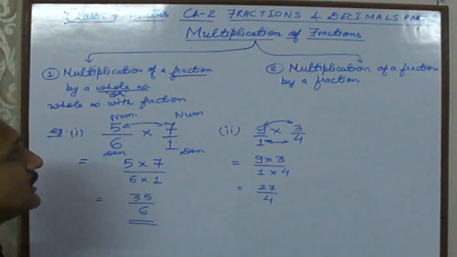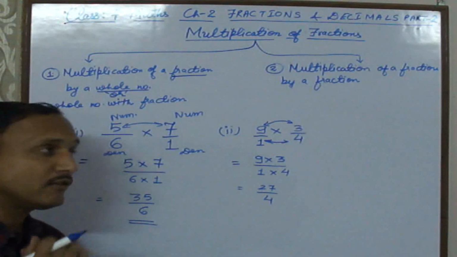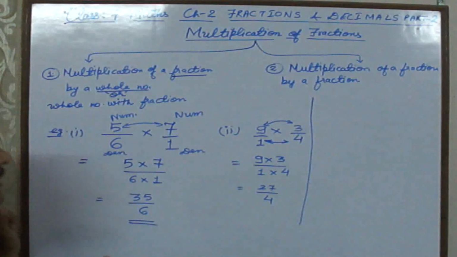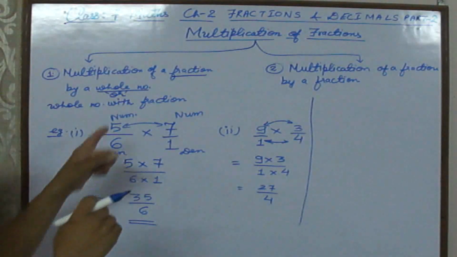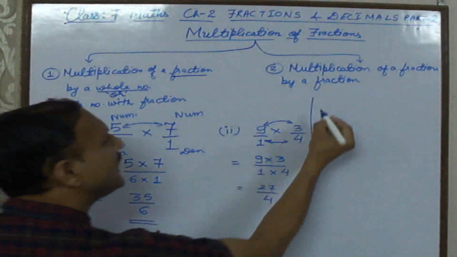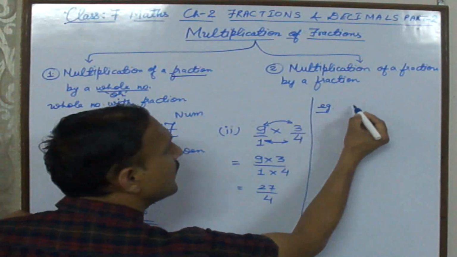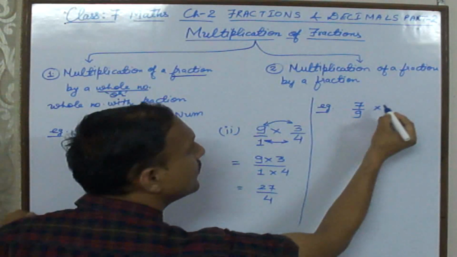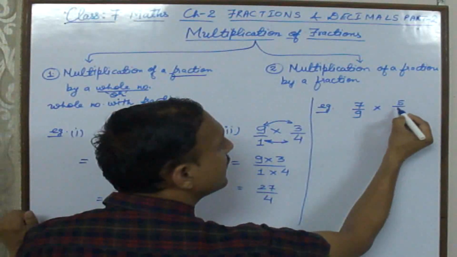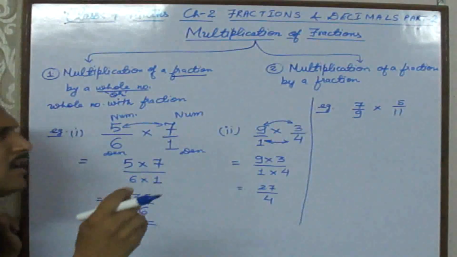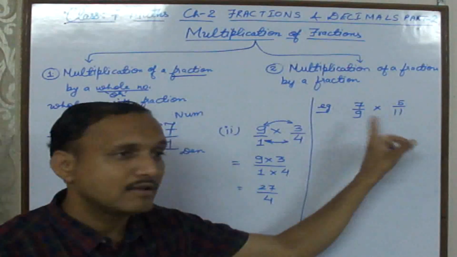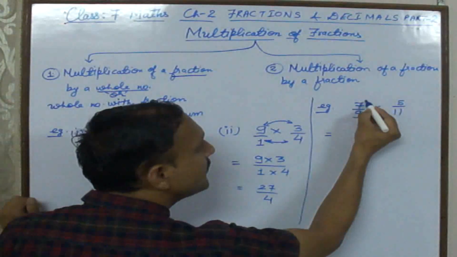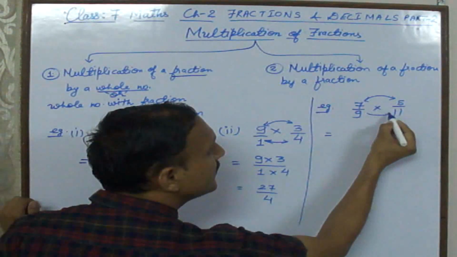Now let us take the second one. The second topic is multiplication of a fraction by a fraction. So how to multiply a fraction with a fraction? Here we take two fractions instead of a whole number. Let us take one example: 7 by 9 into 5 by 11. Again we multiply numerator with numerator and denominator with denominator.